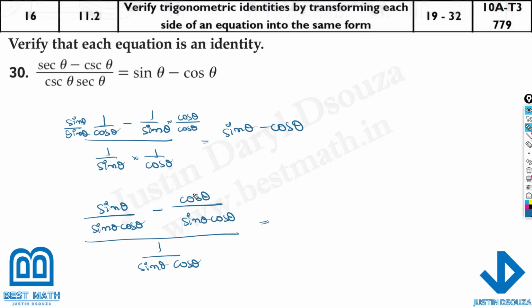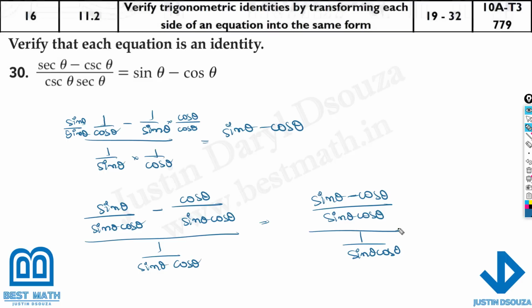Now the above term is sine theta minus cosine theta divided by sine theta cosine theta, because these two have the same denominators. We write it up once, with the minus between the left term and the right term. This entire thing is divided by 1 by sine theta cosine theta.